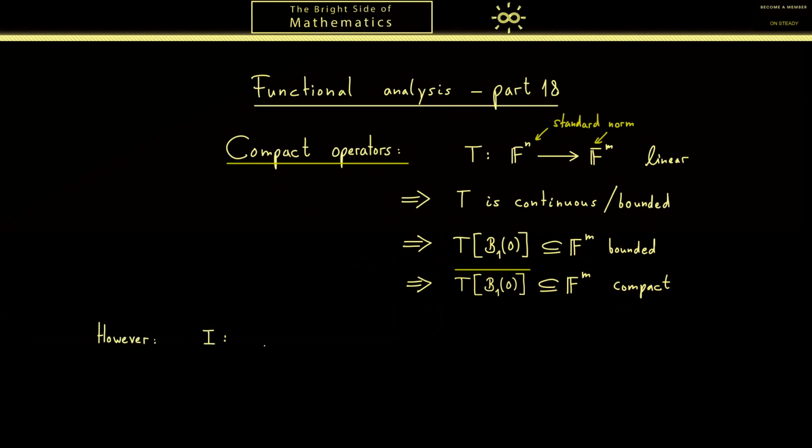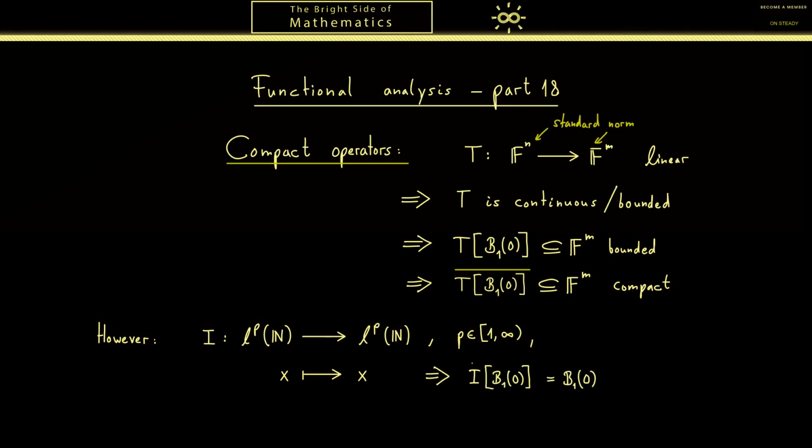In order to see that, let's consider the identity operator in l^p. Of course, the identity operator just means we take a sequence x and send it to itself. Therefore, calculating the image of the unit ball is not so hard, it stays the unit ball. Now we are interested in the closure of the set, so we use the bars again. So what you have on the right hand side is just the closed unit ball in l^p.